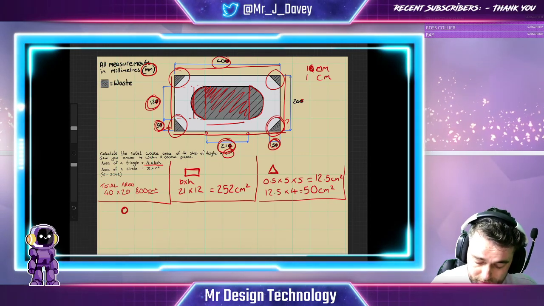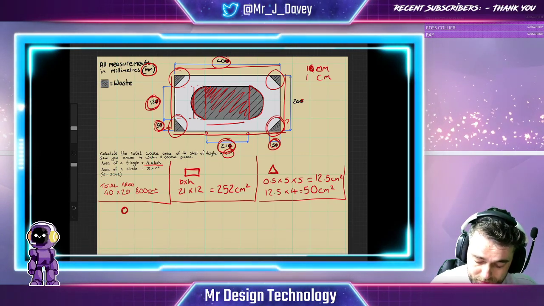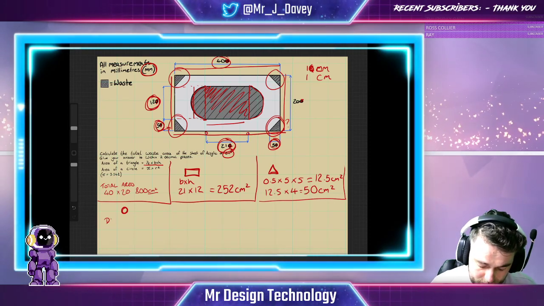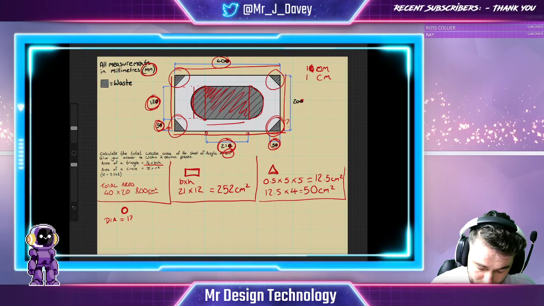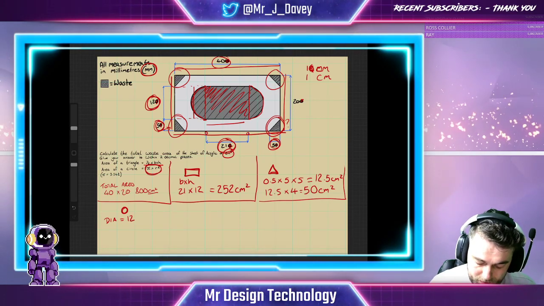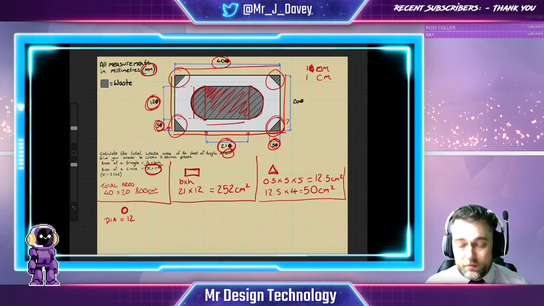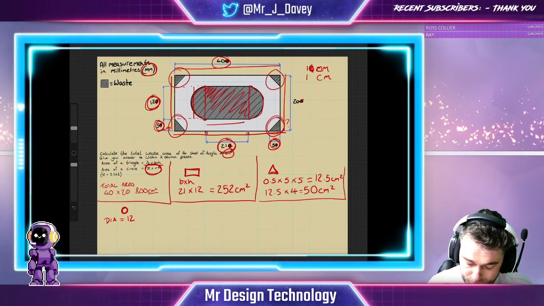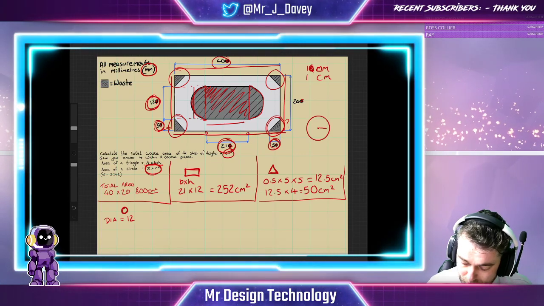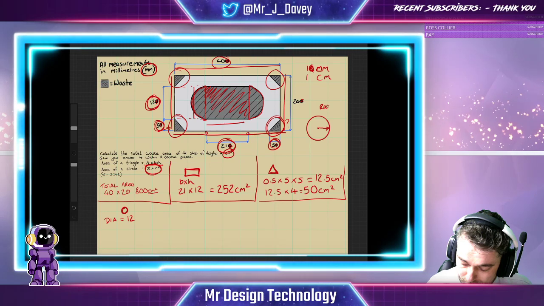Now here we have a diameter, so from this end to this end, that's the diameter of our circle. So we can put DIA is 12. Now it tells us, if you can remember down here, that we're working with the radius. Now the radius of a circle, if we're not familiar, let's get a circle in here. The radius is the middle point to the outside.